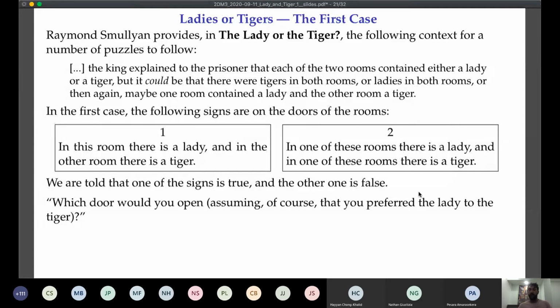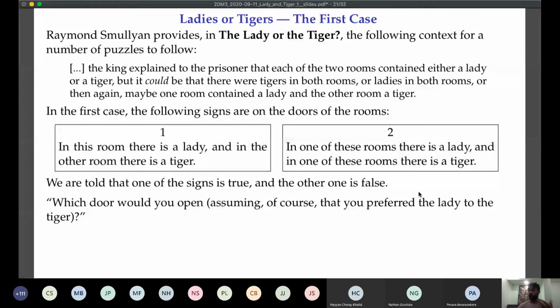That's what the sign says. So this is similar to lecture 1 with Portia's casket. And the second door says, in one of these rooms there's a lady, and in one of these rooms there's a tiger. Okay, not as helpful. And we know that one of them is true and the other is false. And we want the lady because why not, right?